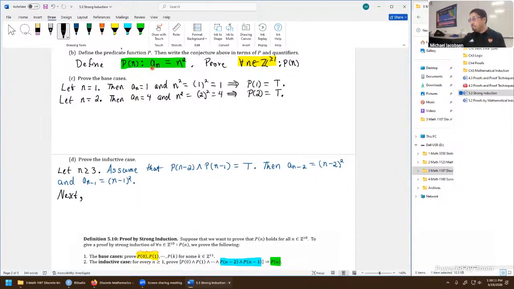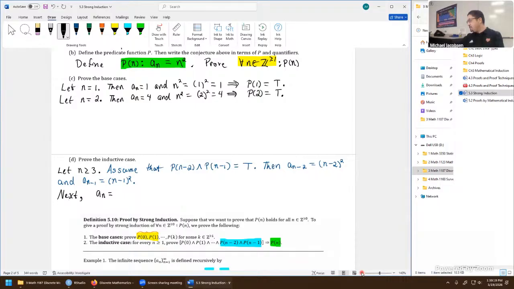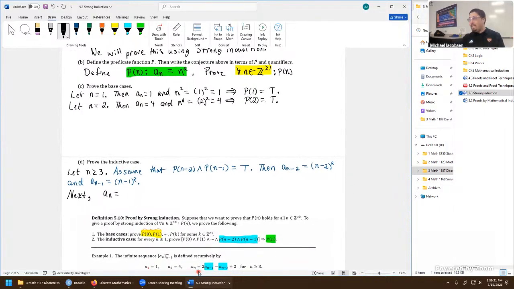Let's say a_n is going to be equal to, well, first the way a_n is defined is, let me see if I can zoom out just a touch. There's a_n right here on the bottom. a_n is 2 times a_(n-1) minus a_(n-2), add 2. So we start on the left-hand side. We just plugged in by the definition below how it's defined.